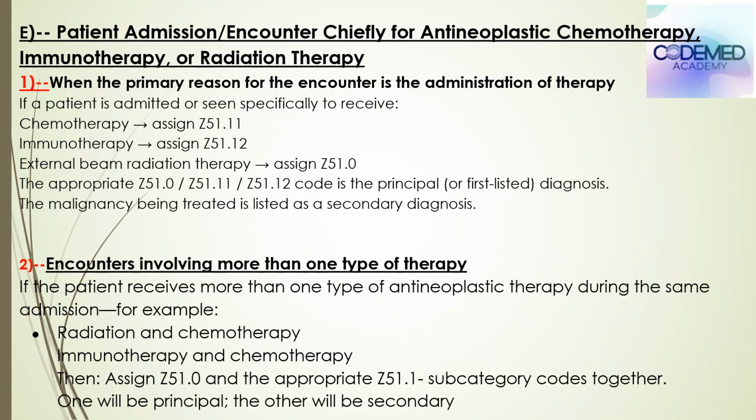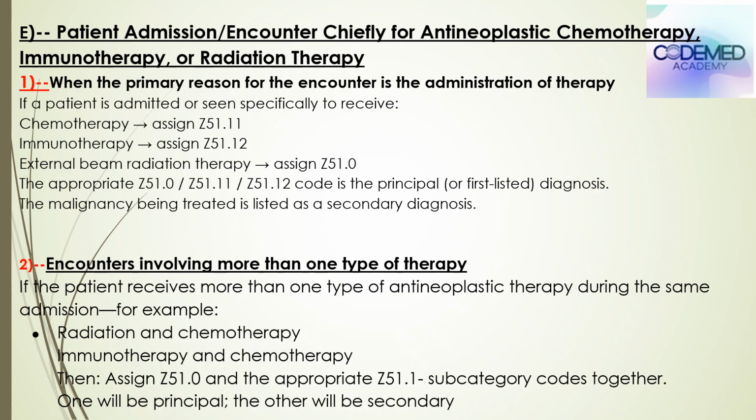The appropriate code is the principal diagnosis. The malignancy being treated is listed as a secondary diagnosis. This happens when the patient's encounter is for the administration of the therapy.